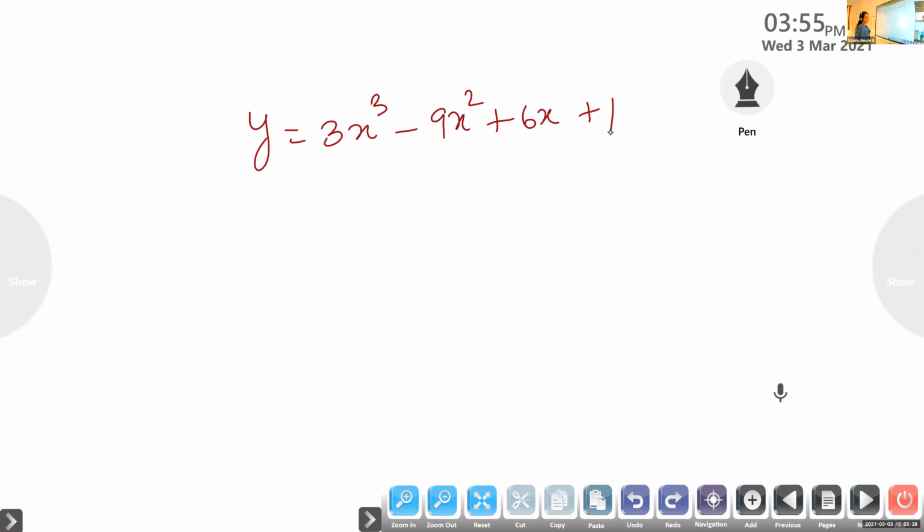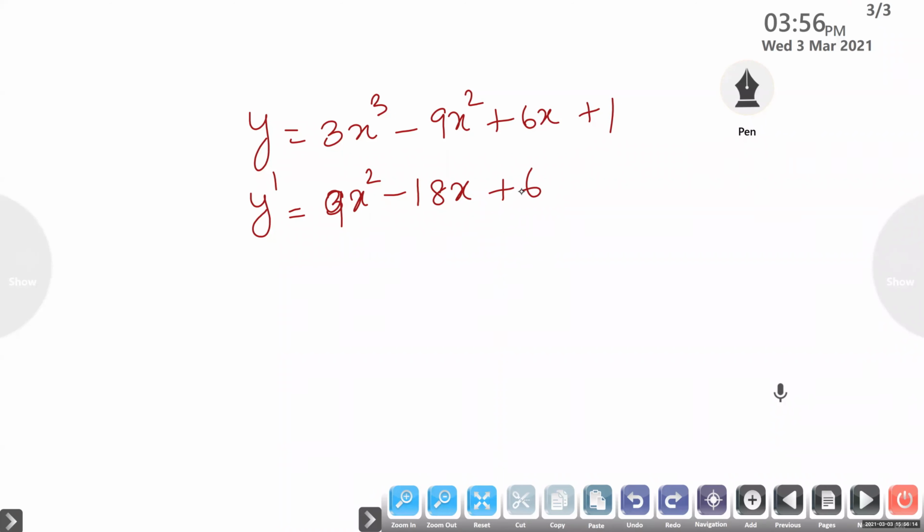So can you tell me, children, what is y dash here? It is 9x square minus 18x plus 6.